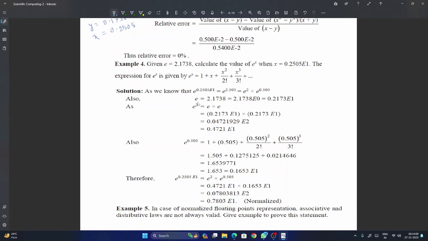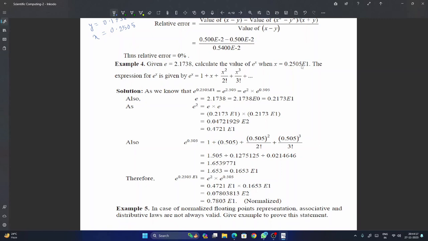Now if you calculate e, then e square, that means using the normalized floating point arithmetic, and in this way produce the values. Now again you can check whether there is any error or not.